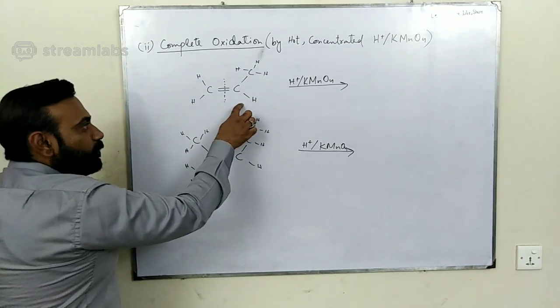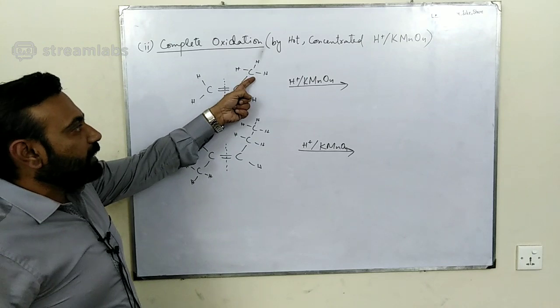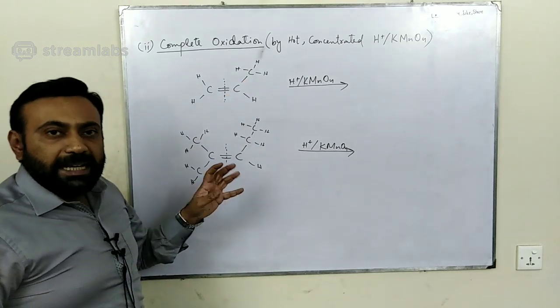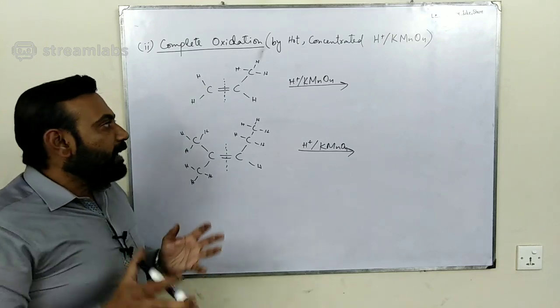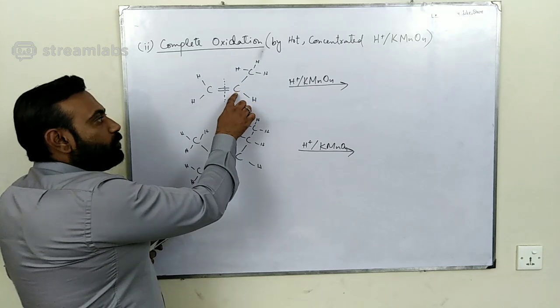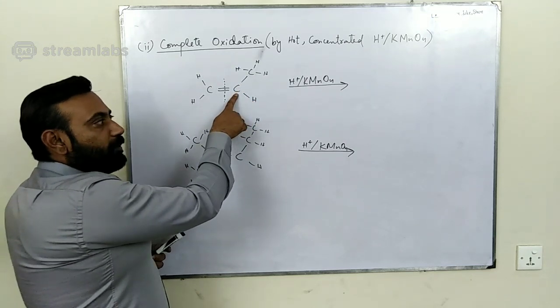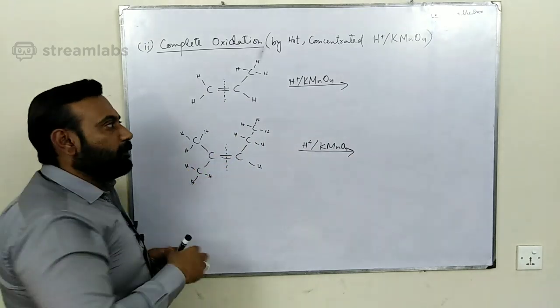Like this scenario, when the carbon atom involved in the double bond is bonded to one carbon and one hydrogen, in that scenario a carboxylic acid is produced. And you don't have to change the formation of the side, you just need to show the functional group of carboxylic acid with this carbon atom which was originally involved in the double bond.